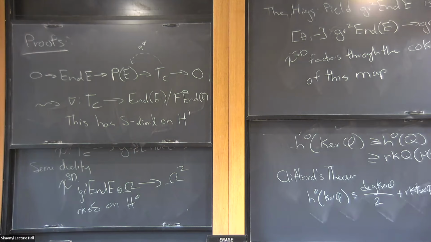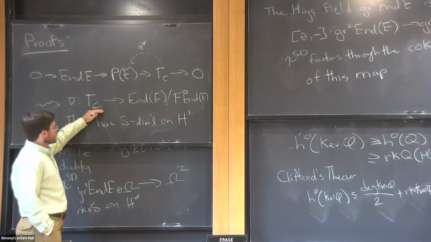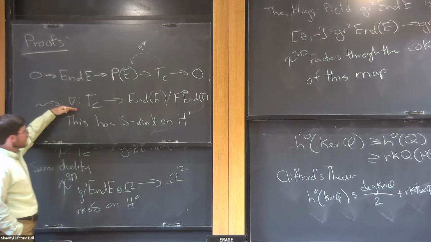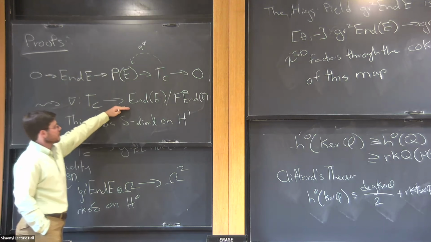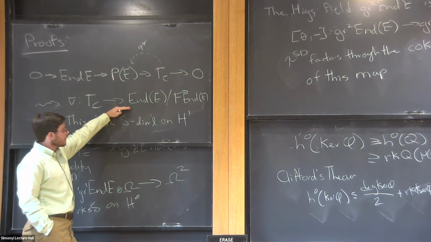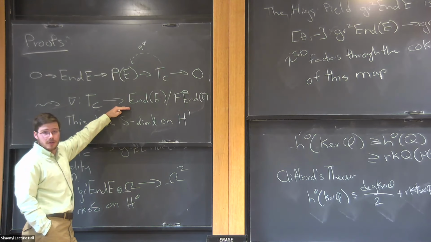Right. So let me briefly blurb about the theorem about the rank of the algebraic monodromy group. The point is that when I deform the connection, the endomorphisms of E also have their own Hodge structure.